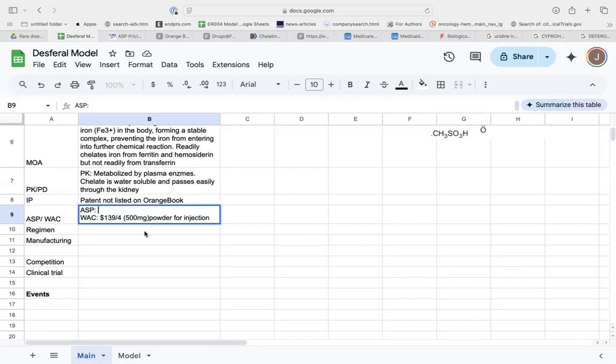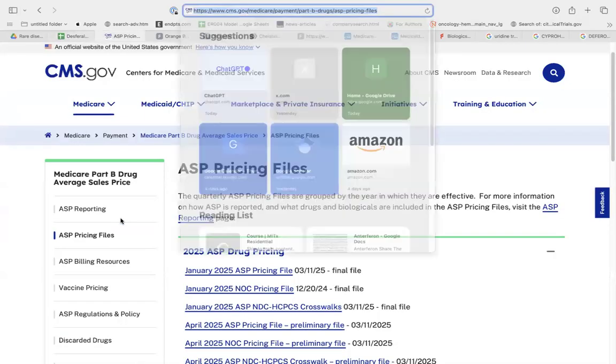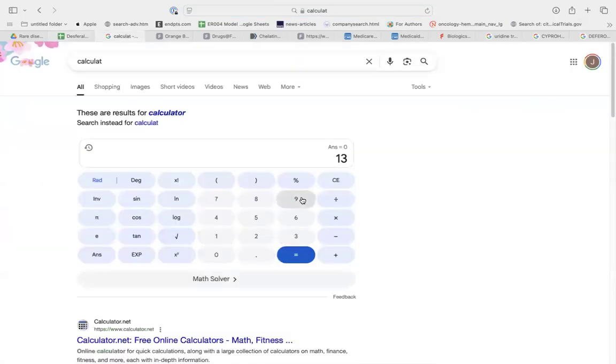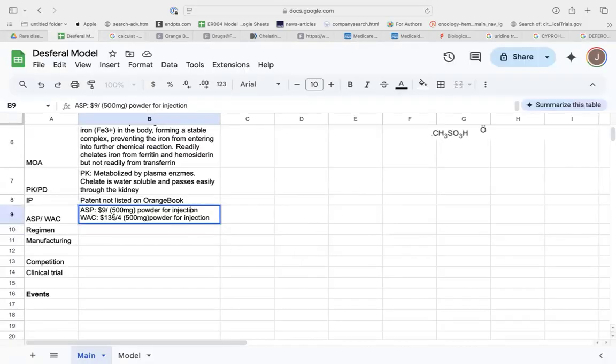So 8.9, we'll just round up to 9. Since ASP is per vial, let's just calculate 139 divided by 4, $35. Okay, done with that.